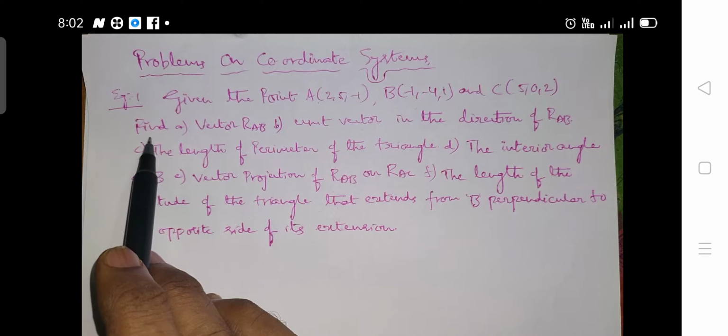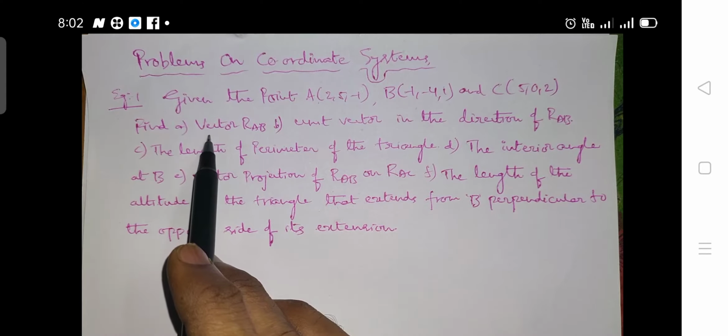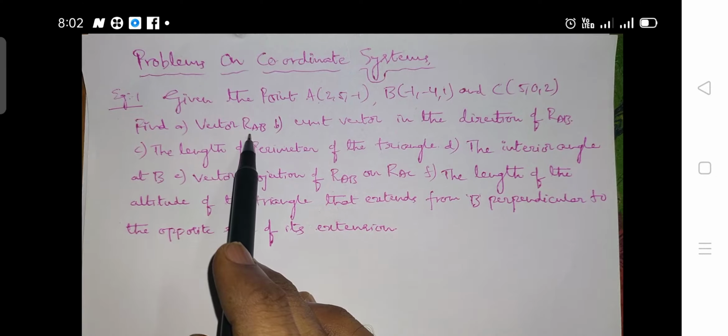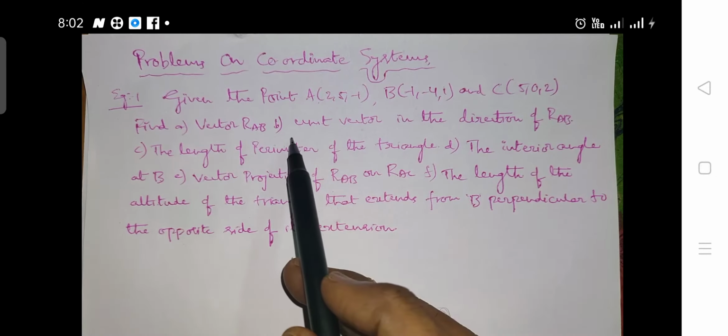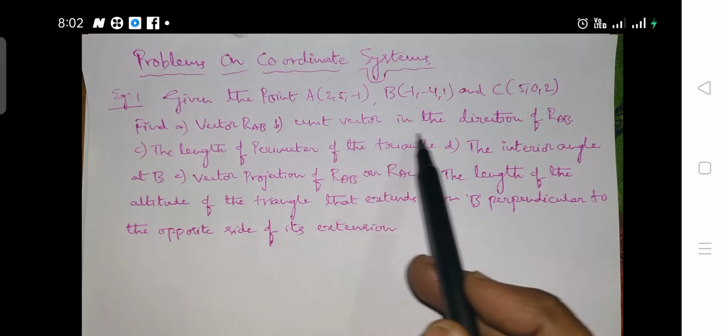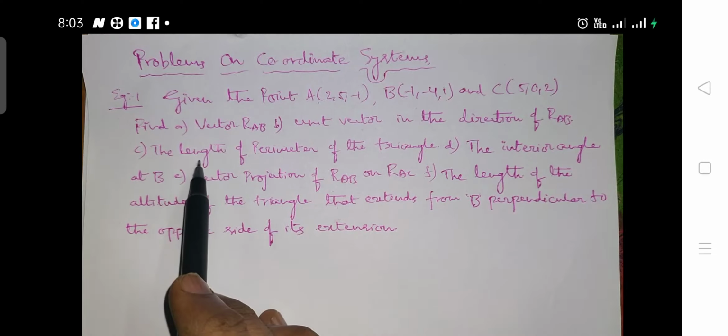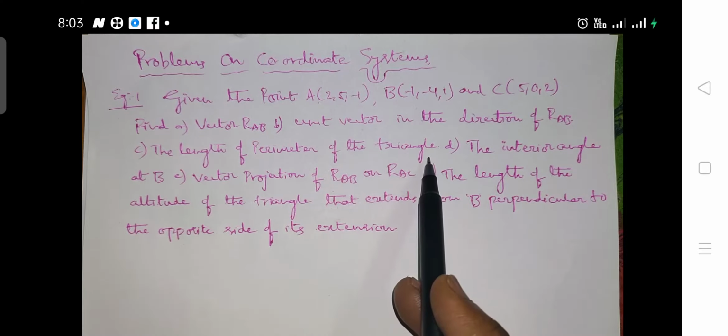We have to find out, first, a vector directed from A to B, which is denoted as RAB, and second, a unit vector in the direction of RAB. C, the length of the perimeter of the triangle.